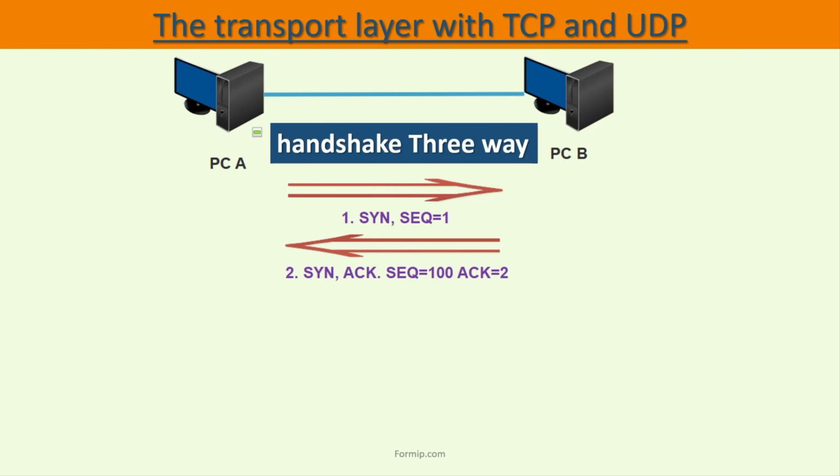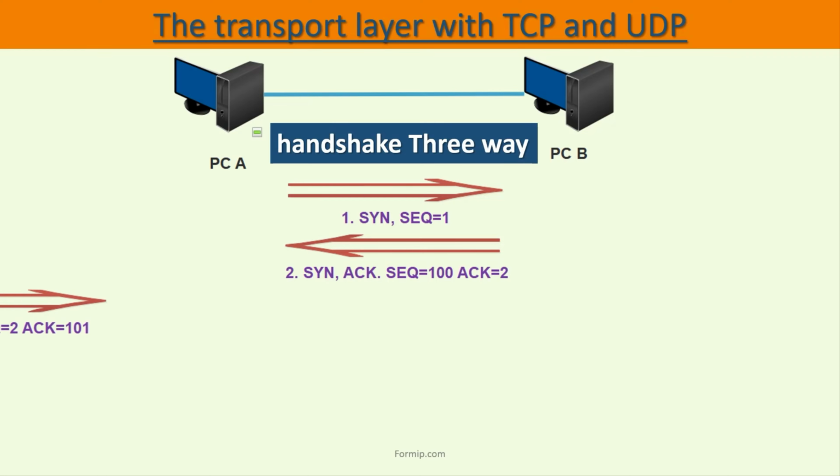It will generate a random sequence number between 0 and 4,294,967,295. For our example, let's say it's 100. And the ACK is equal to 2, which means PC B acknowledges that it's received the first message from PC A, which had the number 1, and that it's ready for the next message.